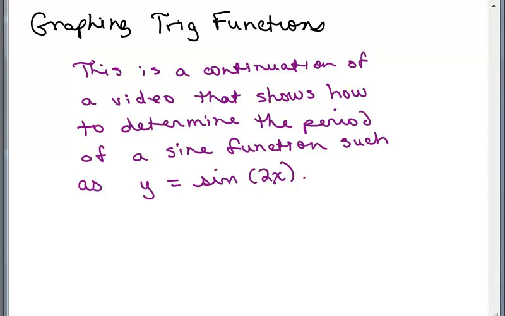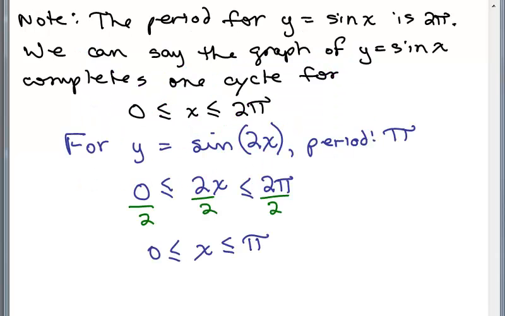We're continuing our work on graphing trig functions, and this is a continuation of a video where I showed you how to determine the period of a sine function. We did it for y equals the sine of 2x. And here's one thing we realized. If we're trying to do the sine of 2x, we're going to put 2x in between 0 and 2 pi.